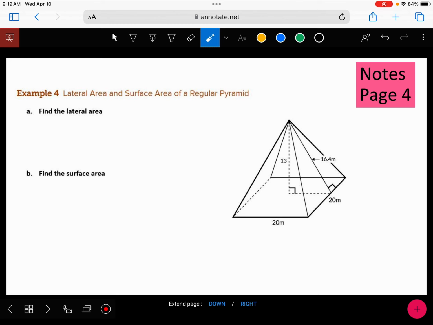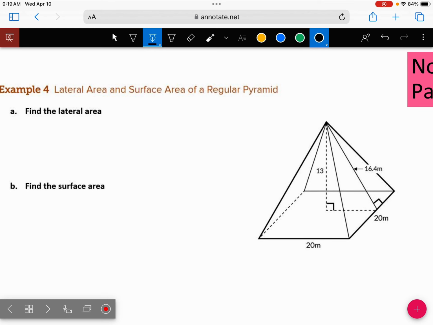So let's look at this one here. Same page. What shape do we have at the base? It's a square. Does everyone see how the base is a square? So the first thing we need to do is find the perimeter. That means I'm going to redraw the base.